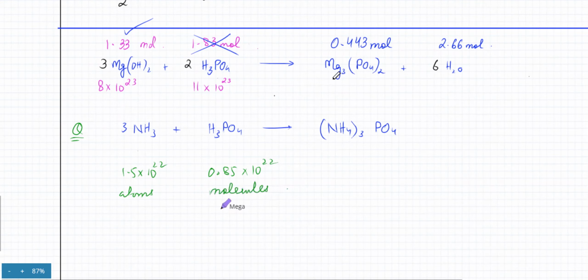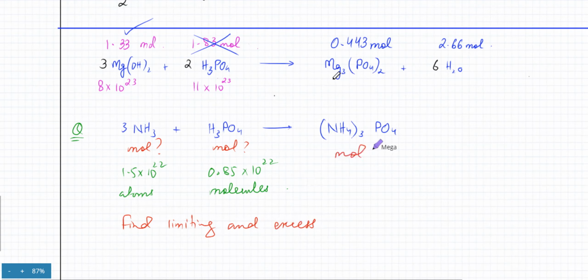Now, I'm just going to write it on the equation: find the moles, and then you also have to find limiting and excess. And lastly, find the moles of the product.